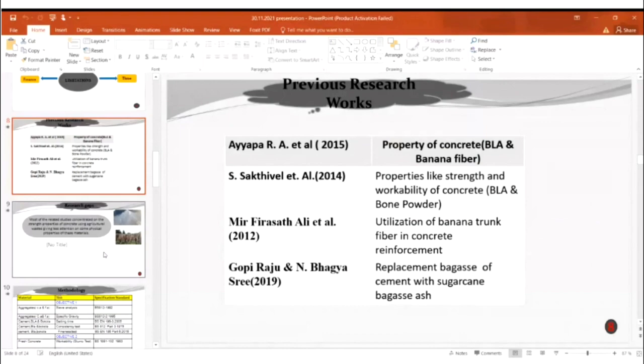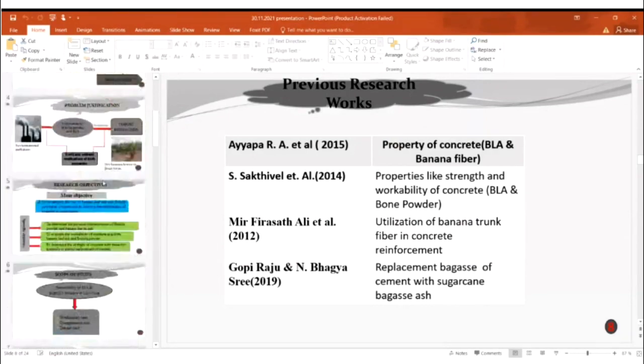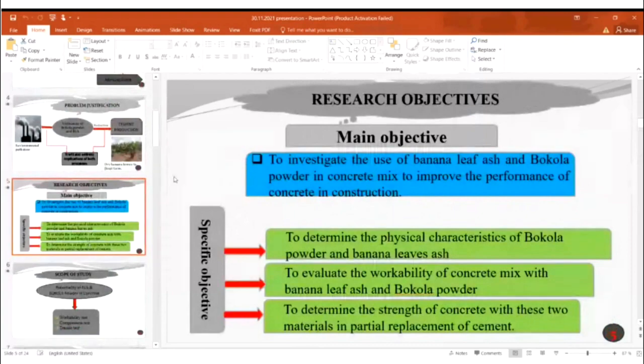So if that's a gap, then let's see the objective. Okay. Somehow I feel that gap is not convincing, because you are saying your research will focus on the characteristics of the individual constituent materials, but the tests are just the normal ones.